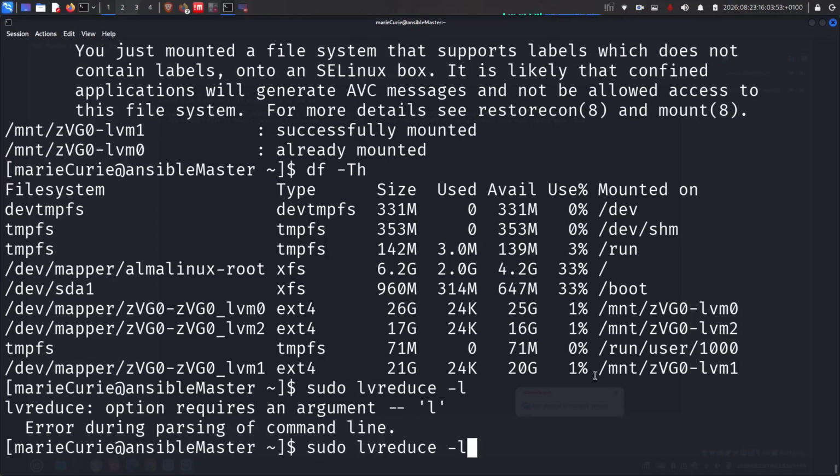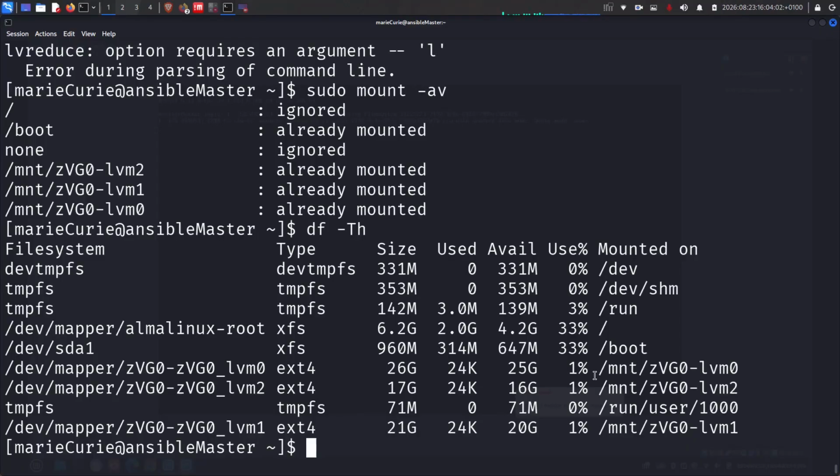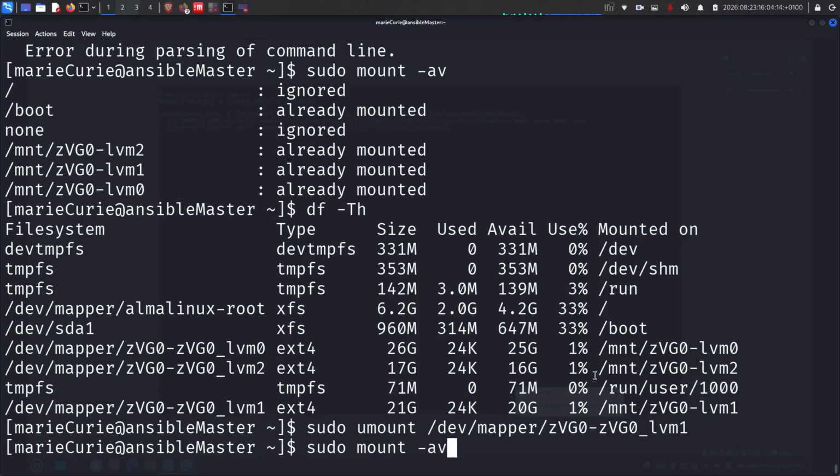Okay, let me try once again. What we can do? Okay, let me try once again. Okay, first I'm unmounting it. Okay, and resize2fs 14GB. Okay, lvm1.